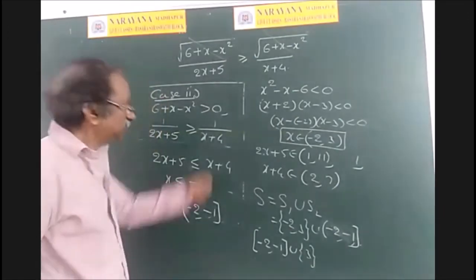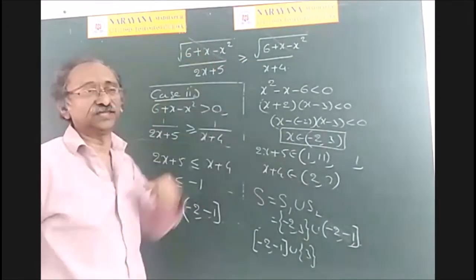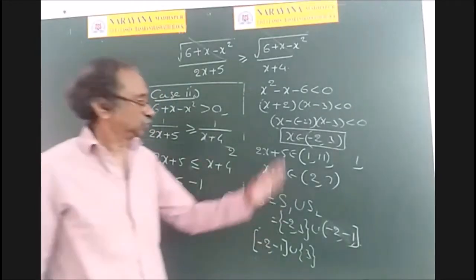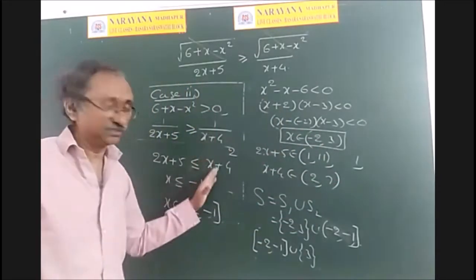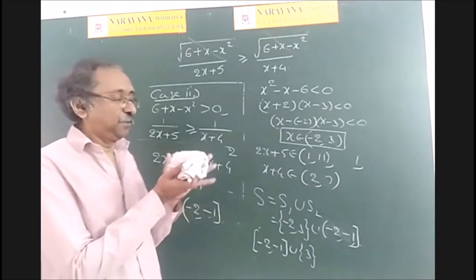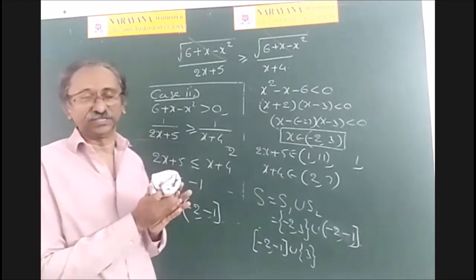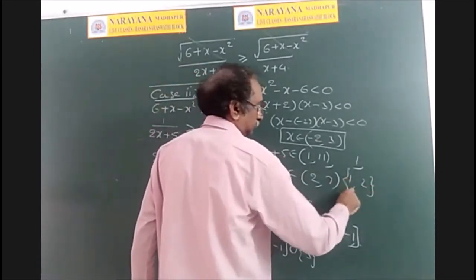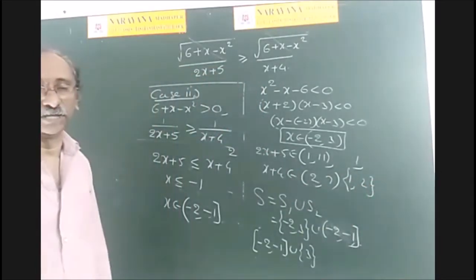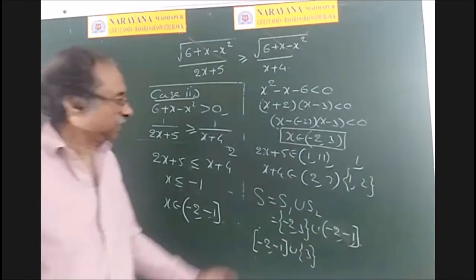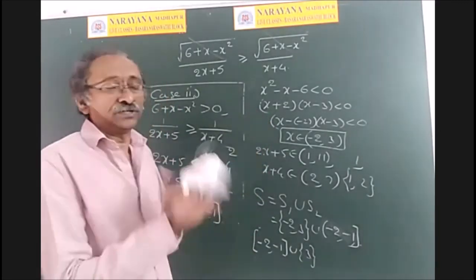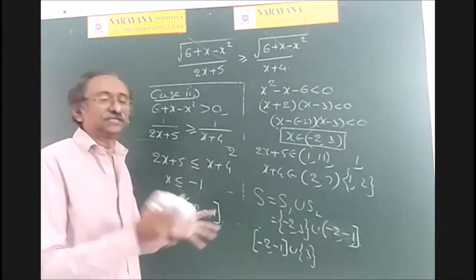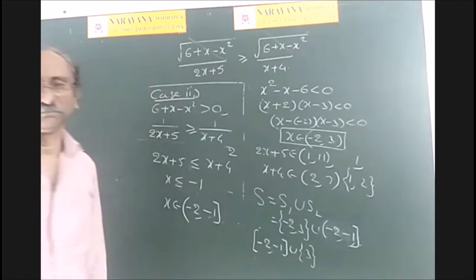That means these solutions are also satisfying that inequality. Suppose this is 2. Now this is also a solution and this is also a solution. Therefore, both together will give you the solution set. That means you have to take union. But whenever we are finding common solutions of some inequalities, we have to take common solutions. That means we have to take intersection. Okay, Akash?